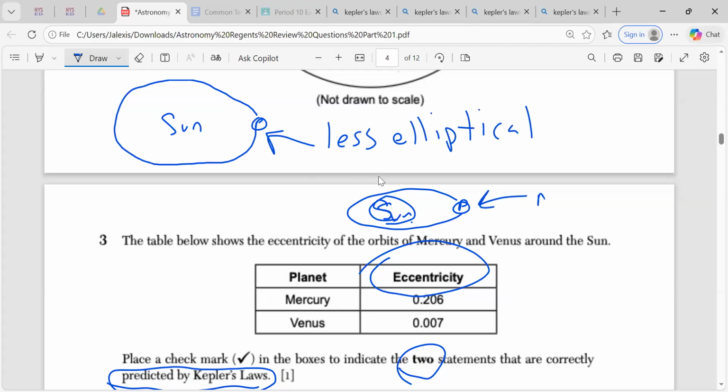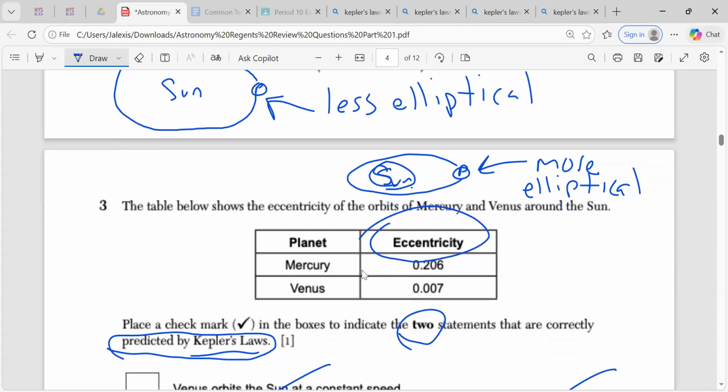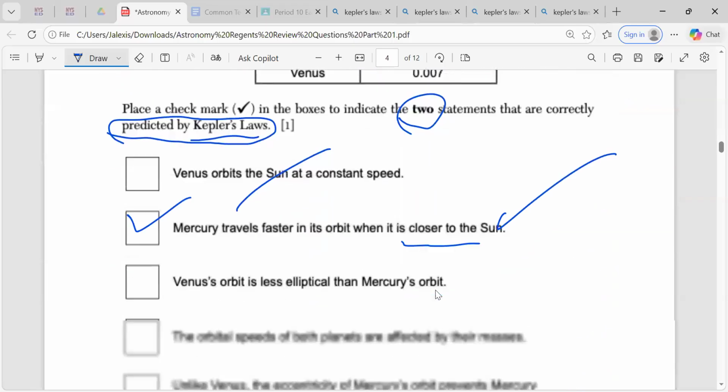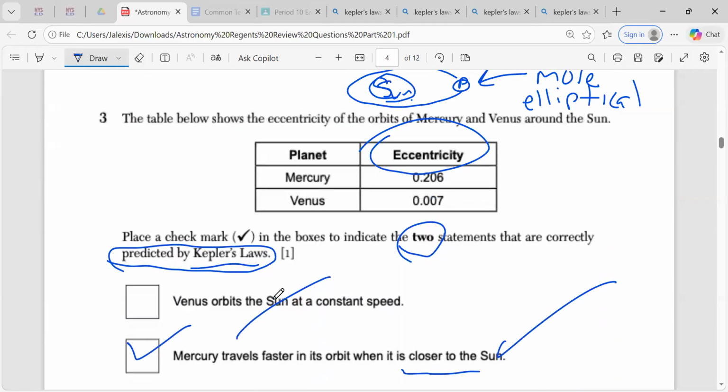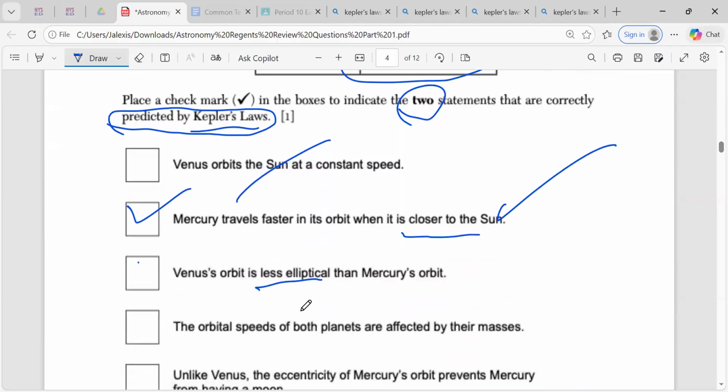This scenario is more elliptical. We're not talking about farthest from the sun, we're only talking about the shape of a planet's orbit. So Mercury's orbit is more elliptical than Venus's. So Venus' orbit is less elliptical because it has a smaller eccentricity. So that is true.